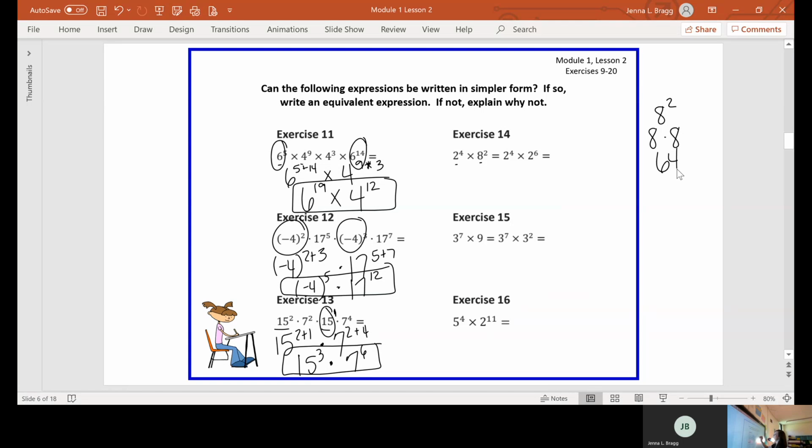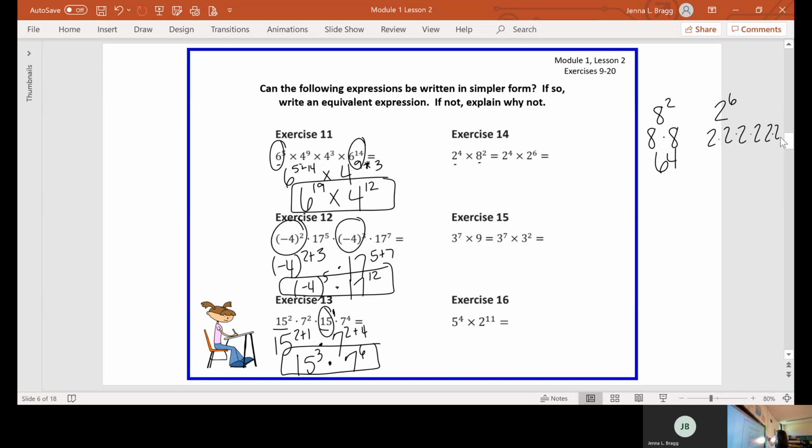So I want to get rid of my 8, and actually if you multiply 2 6 times, you also get 64. So what we have done here is replace our 8 to the 2nd with 2 to the 6th.